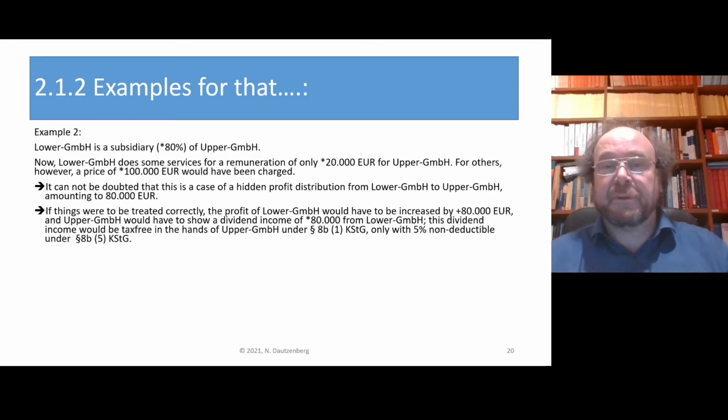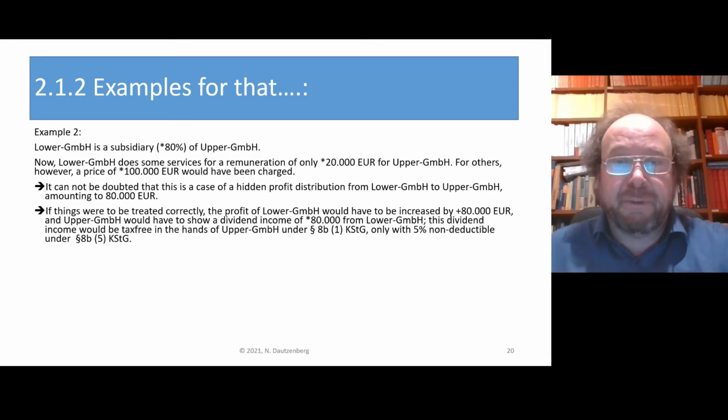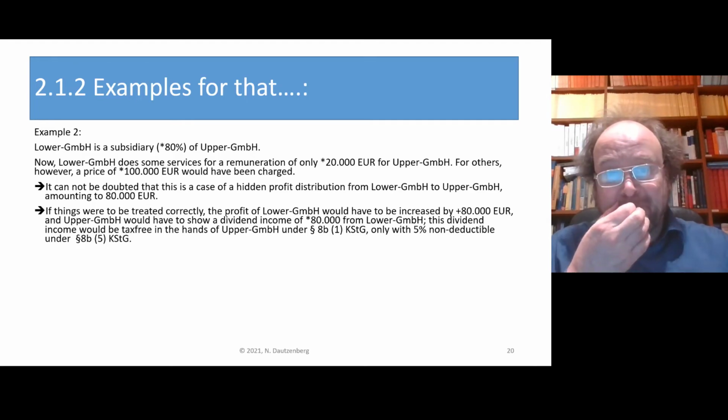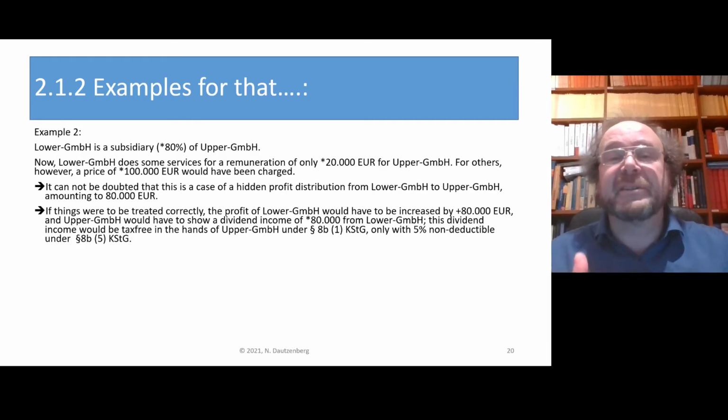Now, if things were to be done correctly, the profit of lower GmbH would have to be increased by these 80,000 euro, because we would have to act as if they had got 100,000 and then a second later had renounced collecting 80,000, or had given the 80,000 back to upper GmbH. So that would be a dividend payment to upper GmbH if it had been done openly.